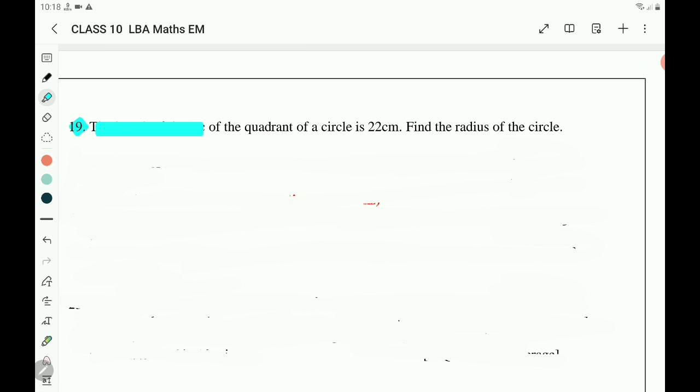The length of the arc of the quadrant of a circle is 22 centimeters. Find the radius of the circle. Here the length of the arc of the quadrant of a circle is given.